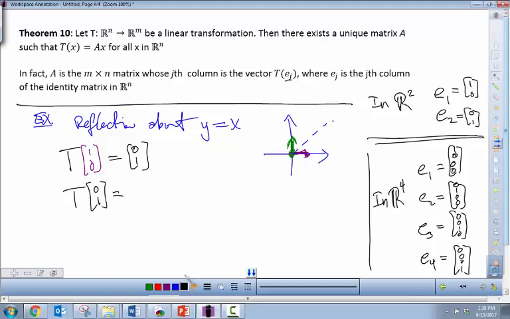Where's that going to go? 1, 0. So what's our transformation matrix going to look like? 0, 1, 1, 0, right? These are just the column vectors. Well, let's give it a try.